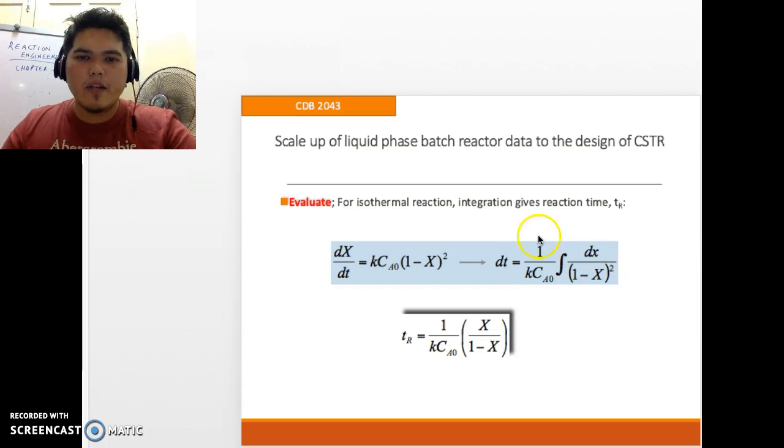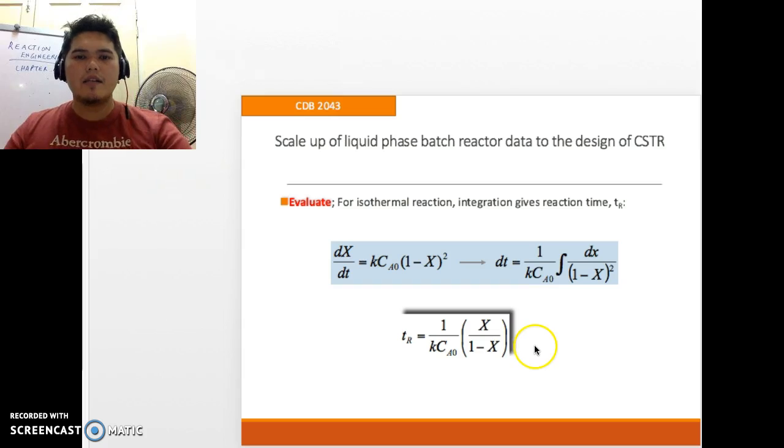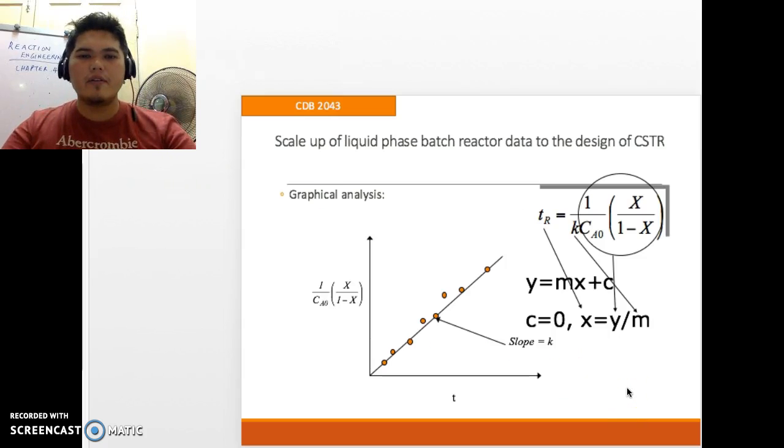And finally, when you integrate, you end up with the residence time in a batch reactor equals 1 over K CA naught times X divided by (1 minus X). So from here, you can already know how to get your K value, because your t becomes your X.